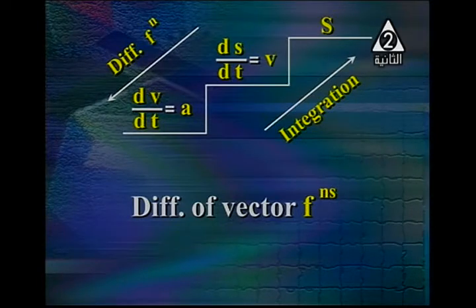When we find v, we use the derivative of s with respect to the time t. We have a relation between a, v, and s, where s is the distance the particle covers.